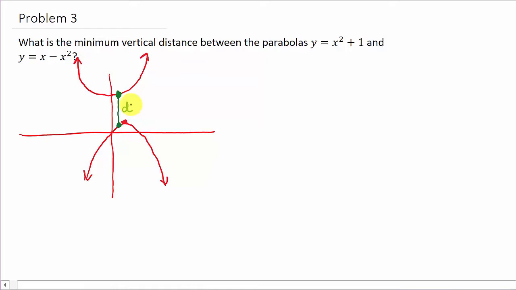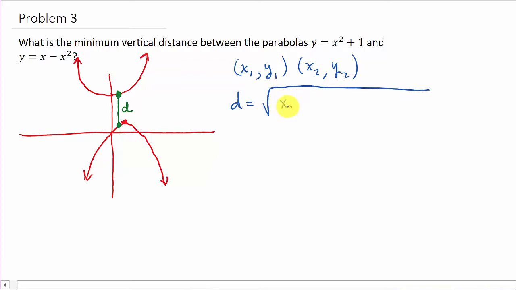All right, so if you remember, the distance between 2 points, x1, y1, and x2, y2, d, the distance, is the square root of x2 minus x1 squared plus y2 minus y1 squared. So we need some point coordinates here.